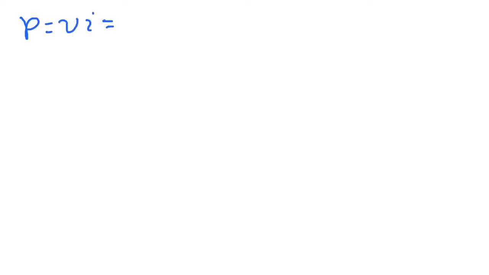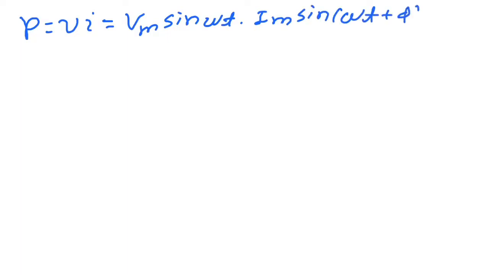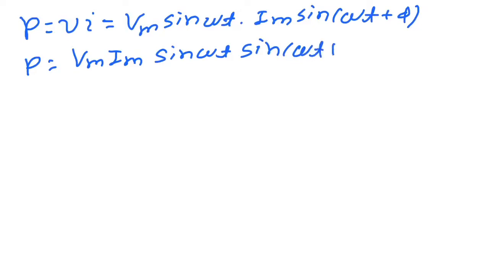So it is equal to Vm sin omega t into Im sin (omega t plus phi), because v is equal to Vm sin omega t and i is equal to Im sin (omega t plus phi). Therefore, power p is equal to Vm Im sin omega t into sin (omega t plus phi).